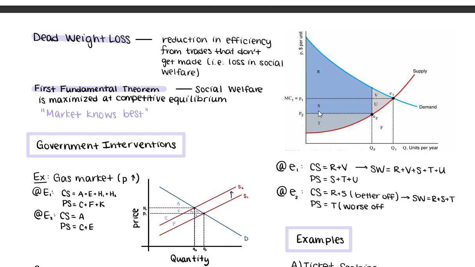But if today the government sets a price ceiling, that means all the firms can only sell the products at P2. It's a ceiling. You can't sell the items at a price more than that.